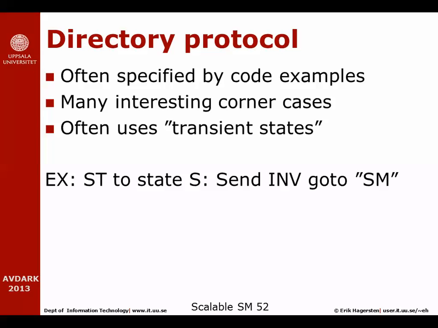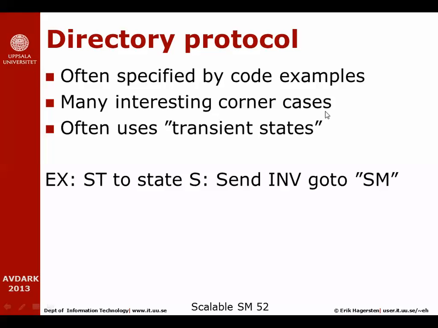Typically, the directory-based protocols are specified by some sort of coding style example, so it looks more like a program when you specify them rather than state transition diagrams. And that's how you implement it as well. When you implement hardware, you use a hardware description language, which looks more like the imperative languages that we normally use. So from an implementation point of view, describing something in text is not a problem.